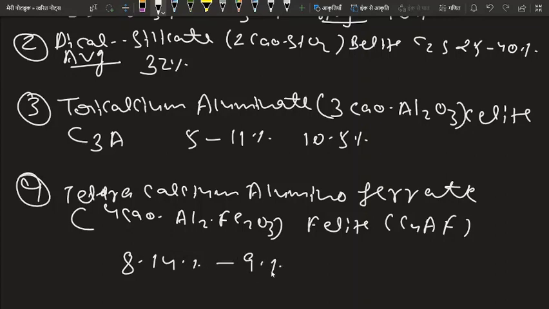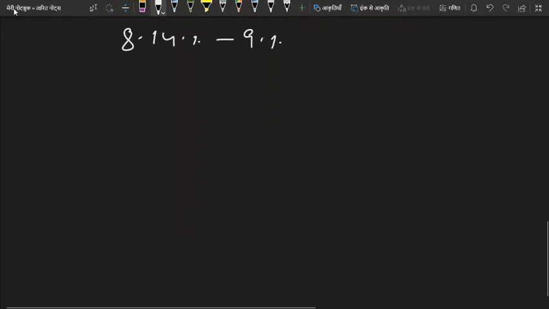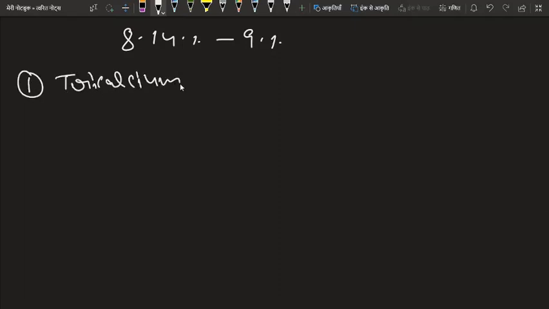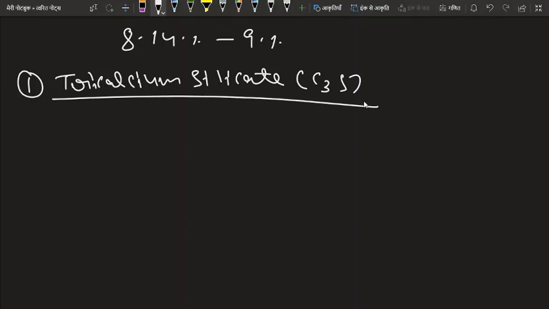Let me discuss these four briefly. First we take tricalcium silicate. Tricalcium silicate has different properties. Its first property is that it is referred to as the best cement compound.